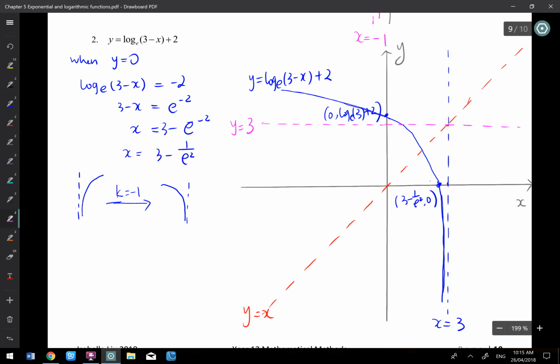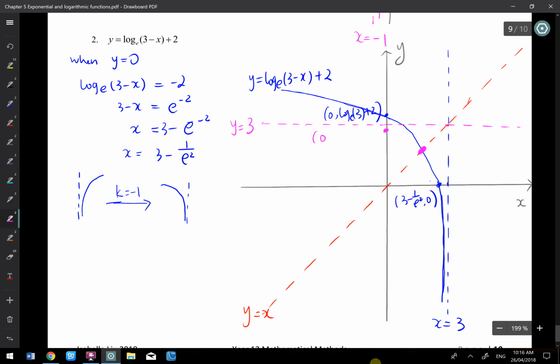I'll use the pink color. First of all, this point must be on the inverse because it is on y equals x. Another point: we have (3 minus a bit, 0), then (0, 3 minus a bit), which is here.